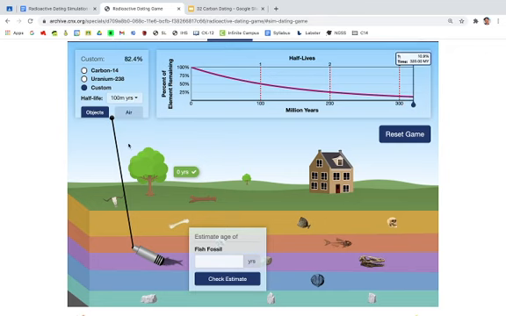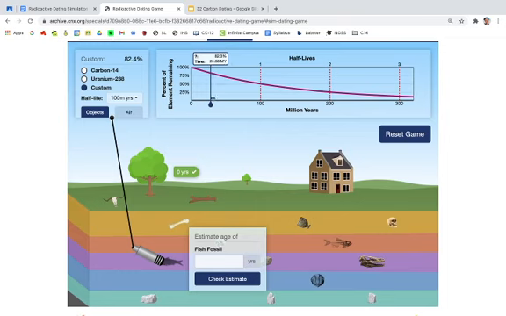Okay. Let's go with 82.4. So we'll scroll until we see 82.4. Almost there. Okay, close enough. 82.3, and it tells us it's 28.08 million years.